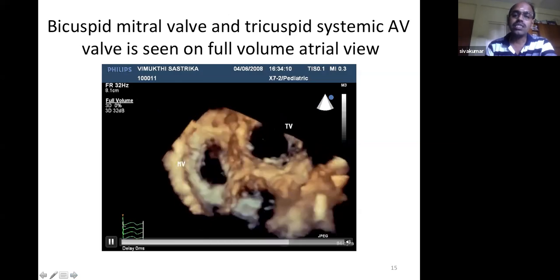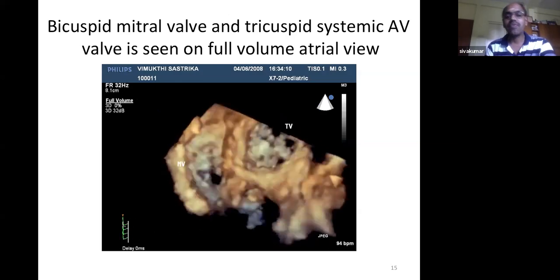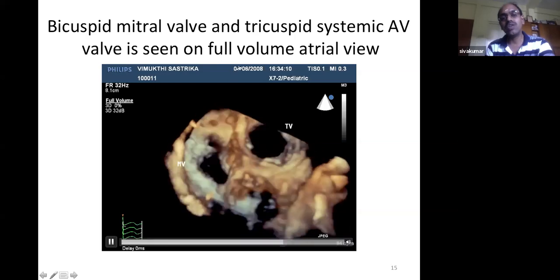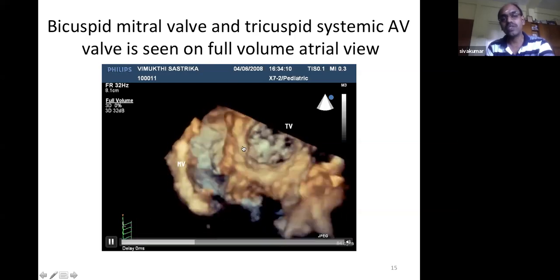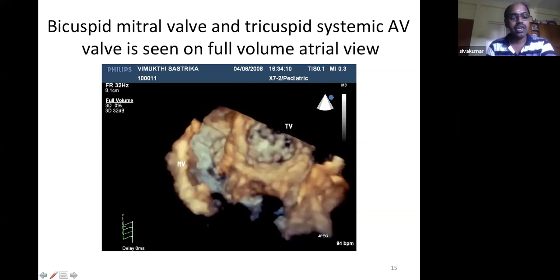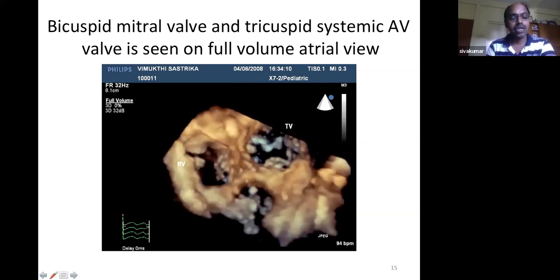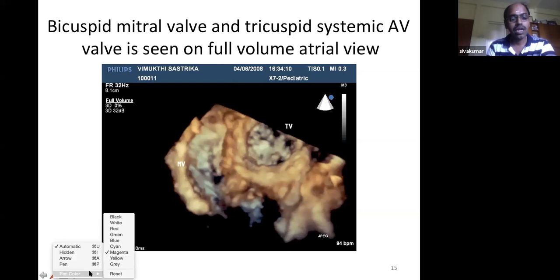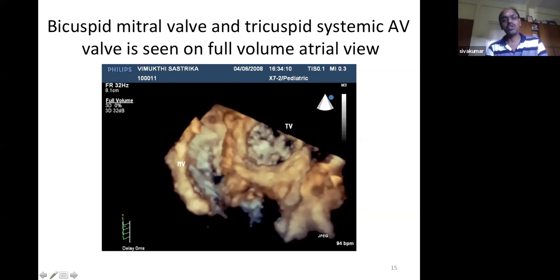Actually, this is not displayed correctly. Imagine that you are actually viewing it from here. I'll again use the pen now here. Normally, how we should try to display: this is the tricuspid valve.